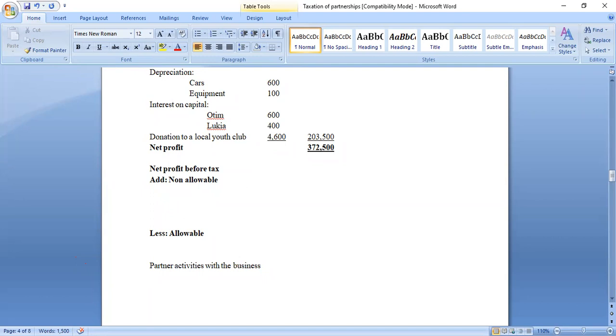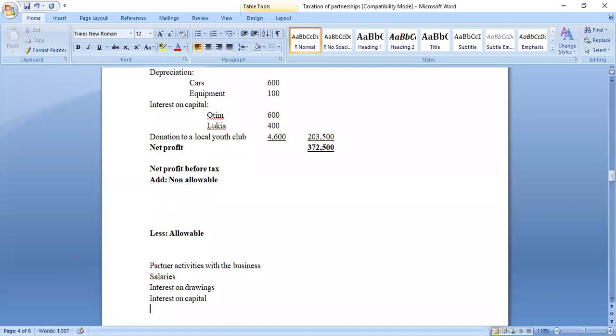Isn't it? Yes. So partner activities include things like salaries, interest on drawings. Okay, drawings don't come here, but interest on drawings, then interest on capital. There are a few.